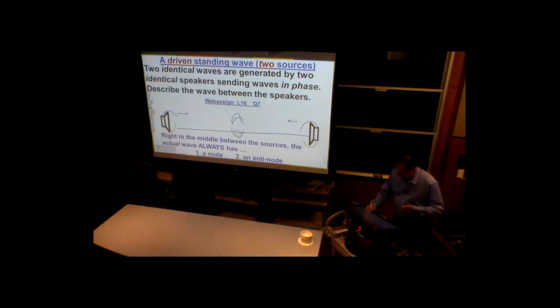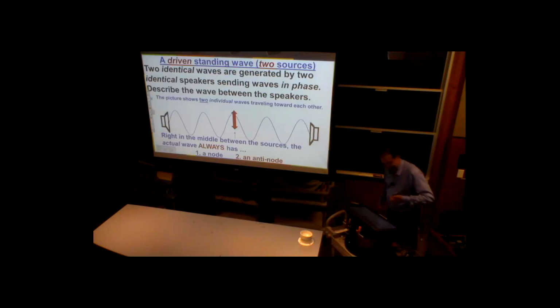So the total displacement, which is actually just the sum of two numbers, always will be doubling, amplification of individual displacements, which means for this wave, we always have to observe an antinode right in the middle between the speakers.